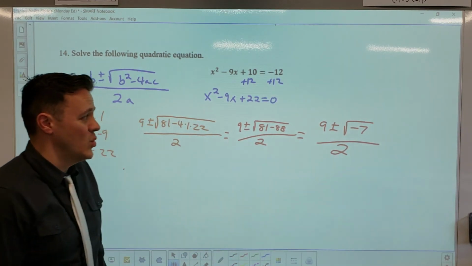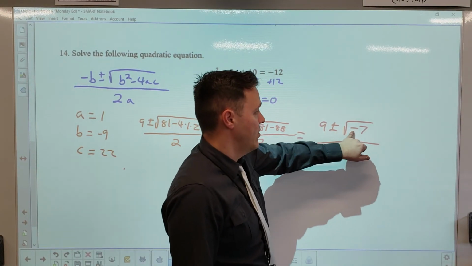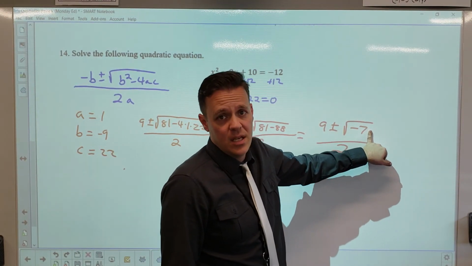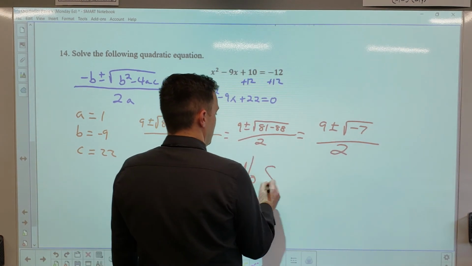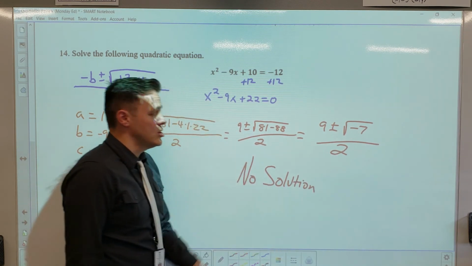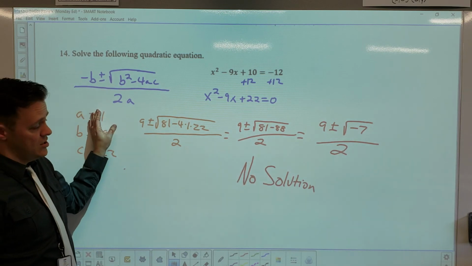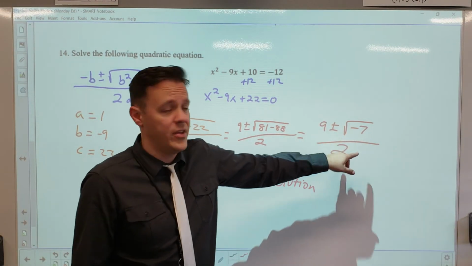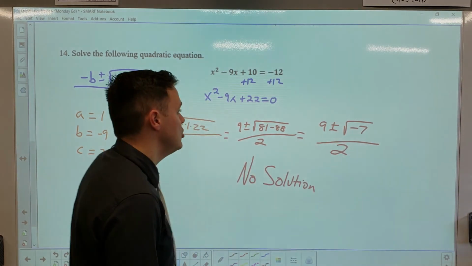So ladies and gentlemen, when you see a negative pop up in this, can you do this? The answer is actually no. So the answer for this would be no solution. No solution, if you wrote it up, would be half credit. If you want to get full credit for this, ladies and gentlemen, you've got to show me how you got to this point. That's what I need to see, that you can do this.